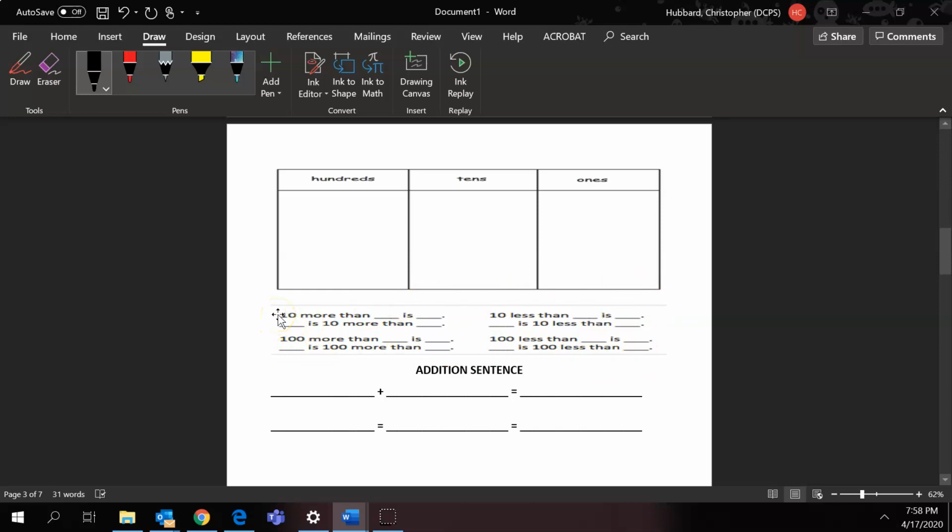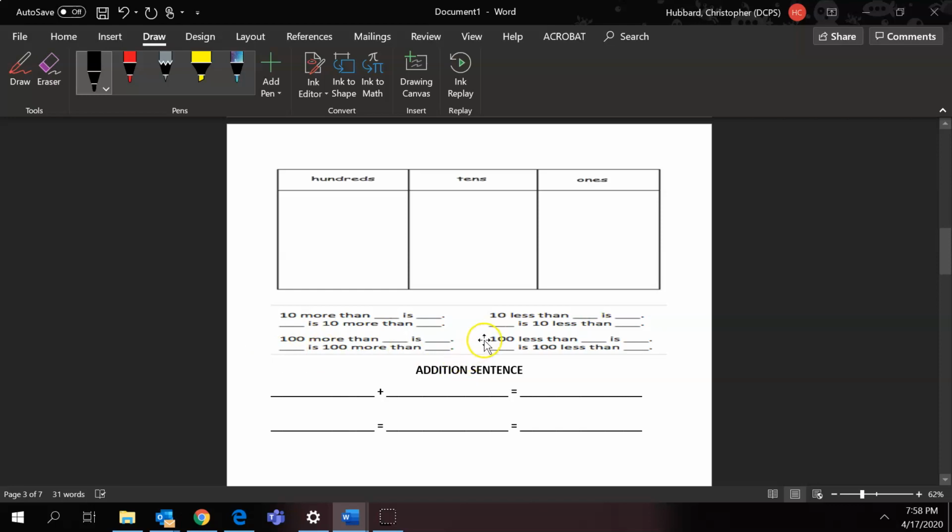This first one says, 10 more than blank is blank, or blank is 10 more than blank. This one says 10 less than blank is blank, or blank is 10 less than blank. Our third one says 100 more than blank is blank, or blank is 100 more than blank.